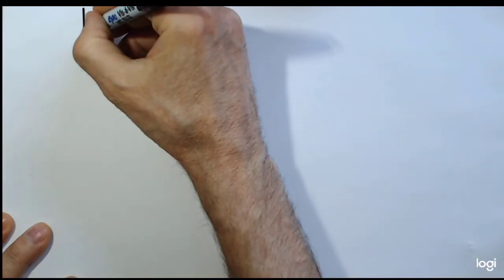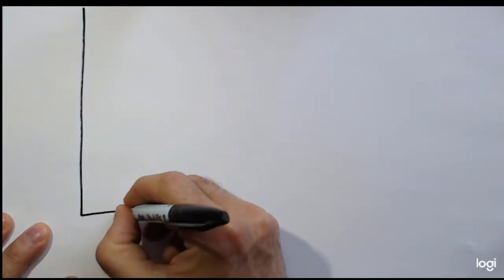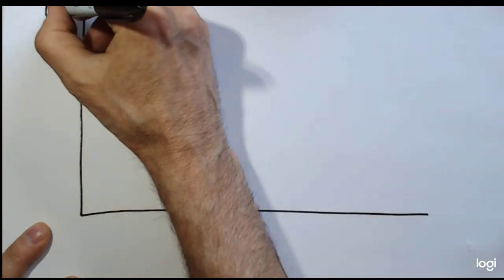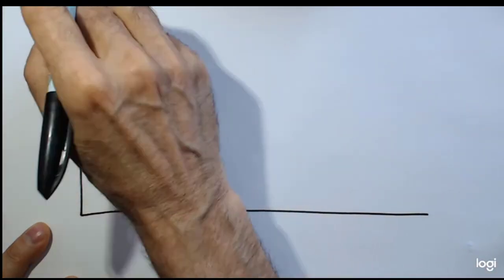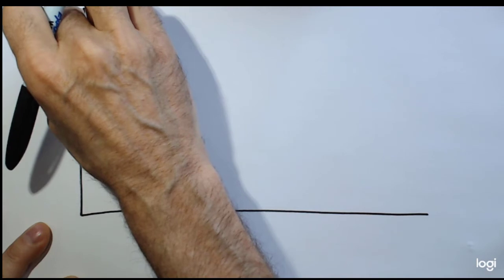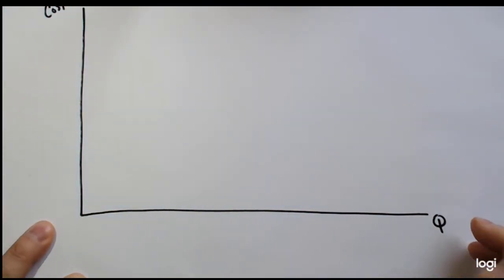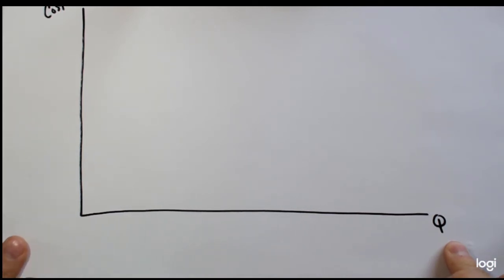Now, let's take what we've learned about average total cost curves and apply it to a thought experiment. In this thought experiment, we have costs on this axis, and it'll be average total costs over the long run and over the short run. Here we have quantity of output.